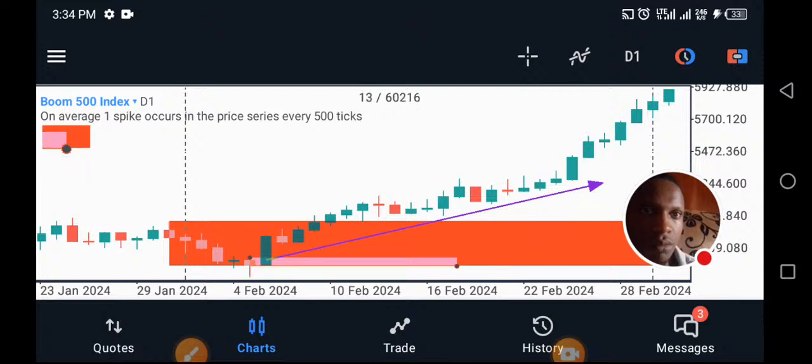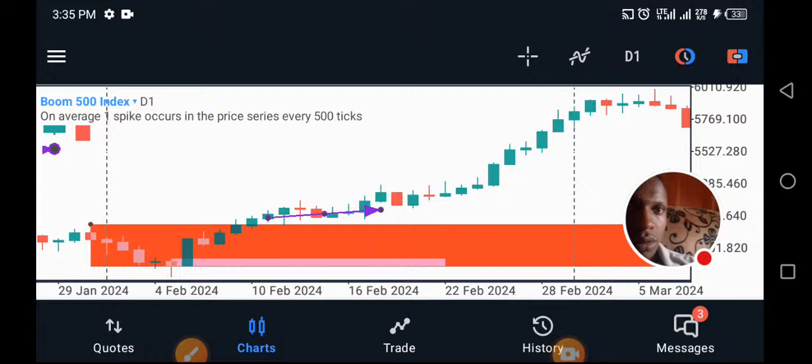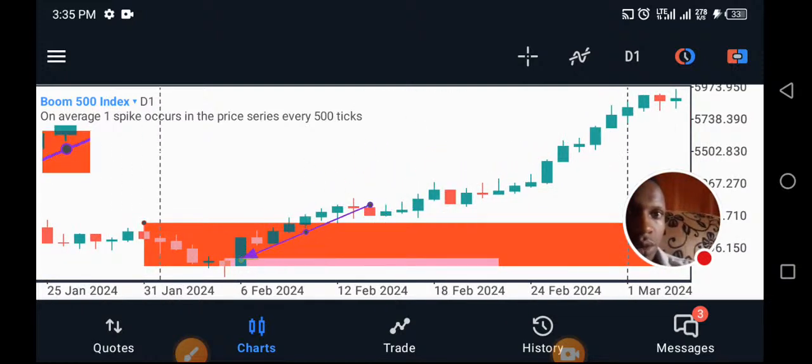But here the body would be okay, because the low of the wick is quite far from the close of the body here.